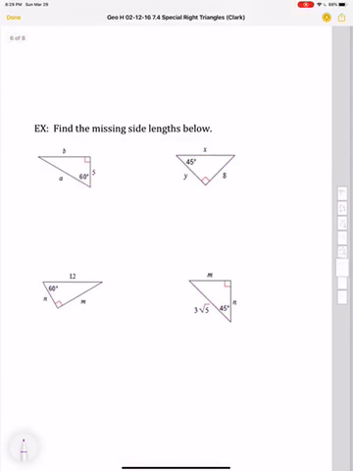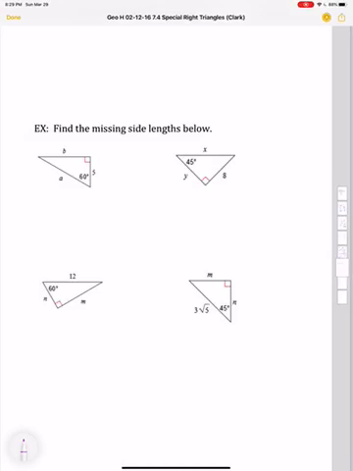All right. So these ones, we're going to find the missing length. So it's just more practice, like what we just did. You know what? Actually, what I want you to do is I want you to do these 4 and pause the video and come back and see if you get the same answer as me, because I want you to try these on your own.